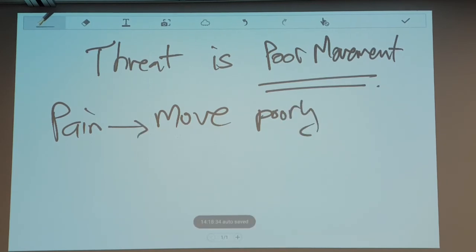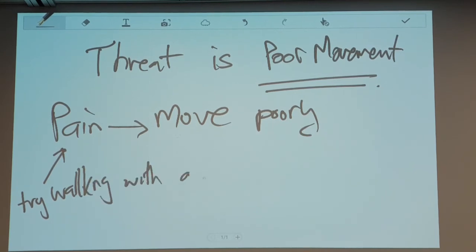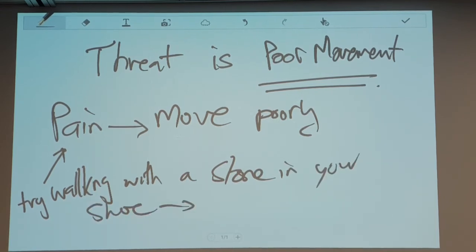Think about going for a walk. Imagine trying to go for a walk. Try walking with a stone in your shoe. Okay. The pressure of the stone on the sole of your foot is going to create this dysfunctional gait, dysfunctional walking, and it's going to cause pain.